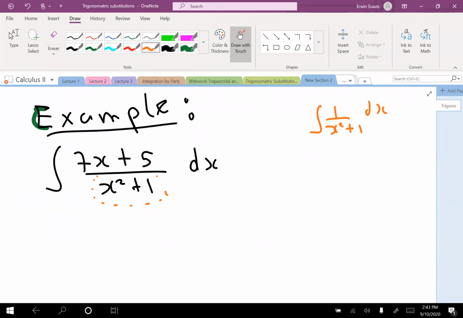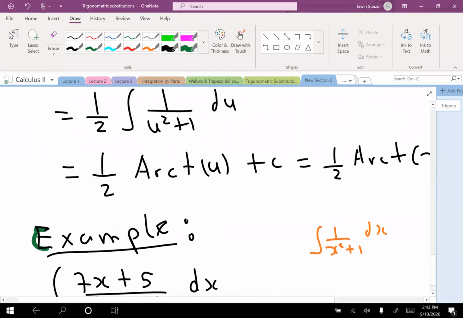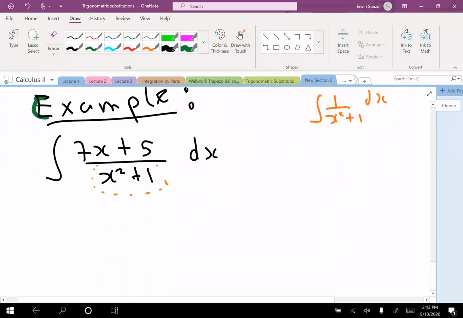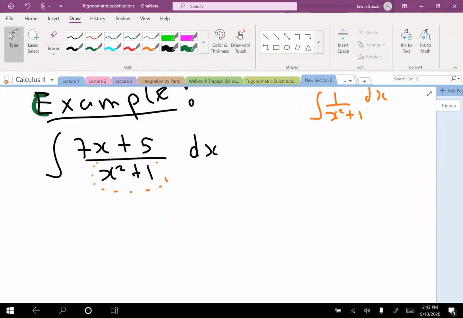Yes, so this is arctangent. The antiderivative of this one is arctangent of x.